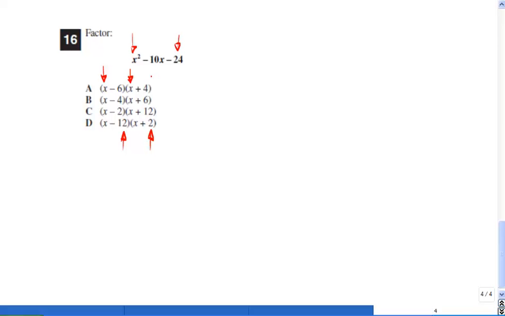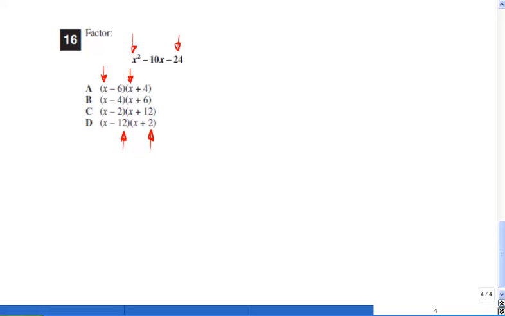First of all, because the last one is negative, you're looking for different signs in both binomials, and the two of them have different signs, so I cannot cross any one off. They're working so far. Then you have what? 6 times 4, 24. Good. 4 times 6, 24. 2 times 4, 24. So we cannot eliminate any one of them by that approach.